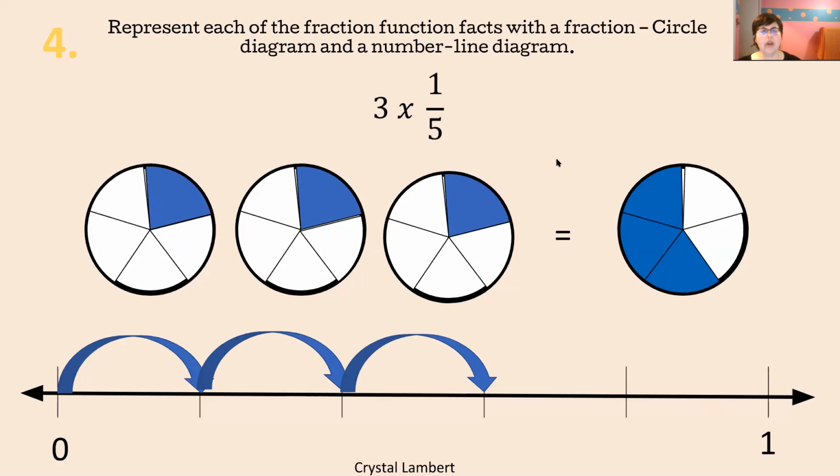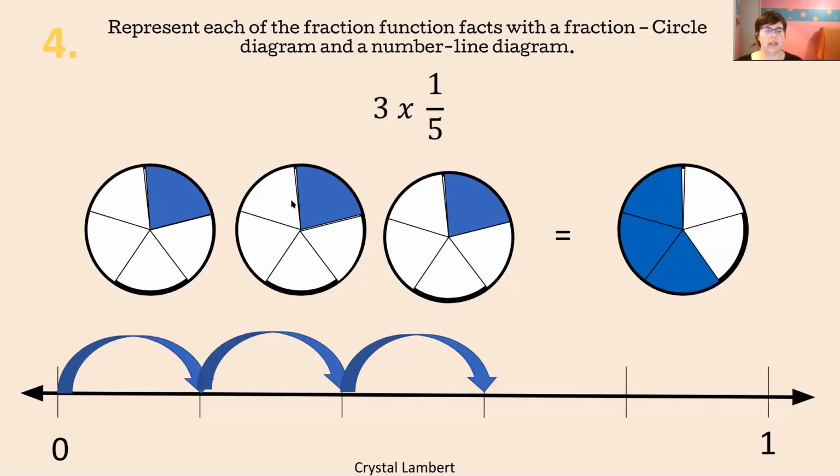Okay, so now we're going to represent each of the multiplication fractions. In this case, we're going to do it with fraction circles and a number line diagram. And here, each of the circles. So we know we're multiplying 3 times 1/5. So we need 3 of whatever 1/5 is.